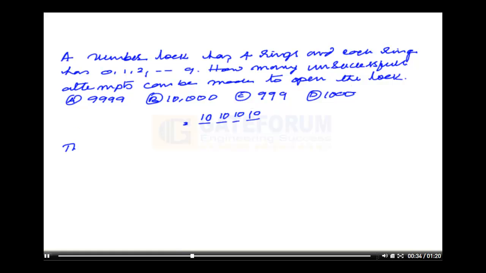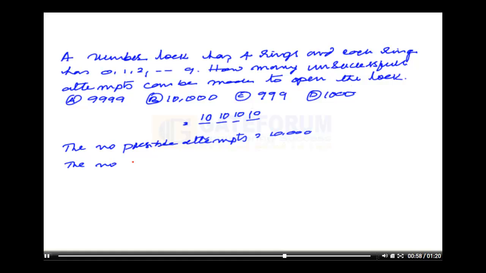So the number of possible attempts would be equivalent to 10,000, but out of 10,000 only one is successful and the remaining are unsuccessful.